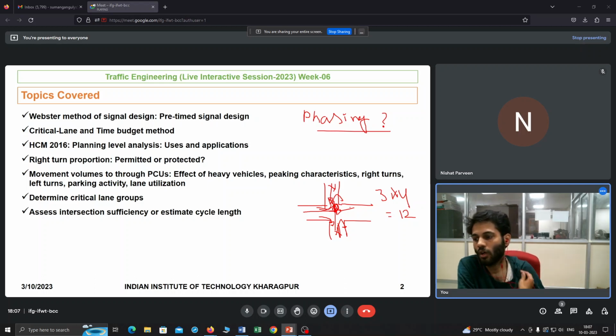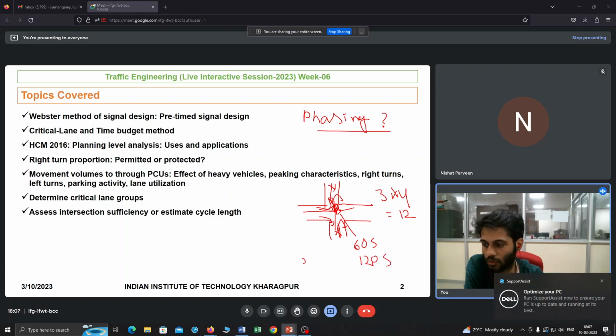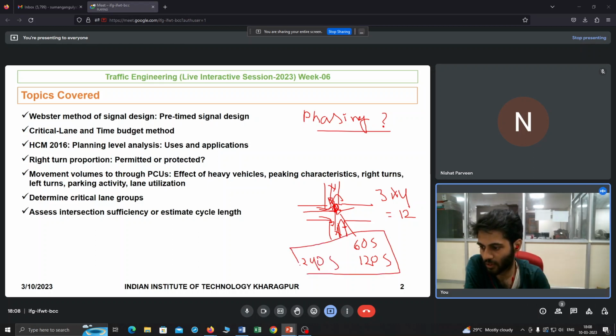So suppose here I can choose a signal timing of 60 seconds, I can even choose a signal time of 120 seconds, even as high as 280 seconds, 240 seconds, etc., right? So now how to choose this signal timing itself?